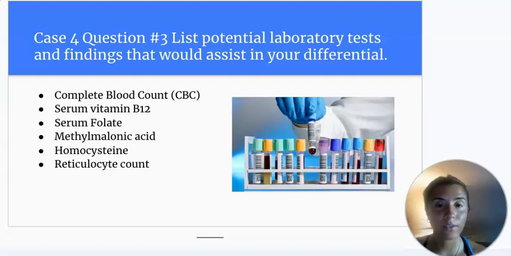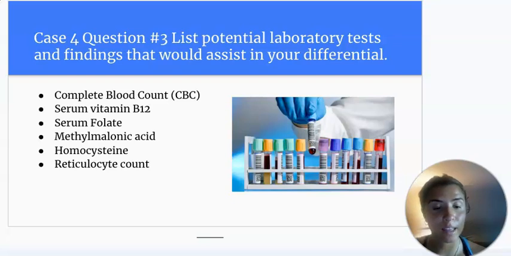The last question of this case asks to list potential laboratory tests and findings that would assist in the differential diagnosis. There are many tests that can be performed in order to assist in the diagnosis of a B12 deficiency. A complete blood count will show macrocytic anemia with an increase in mean corpuscular volume. Serum vitamin B12 level will be low in the case of a vitamin B12 deficiency.